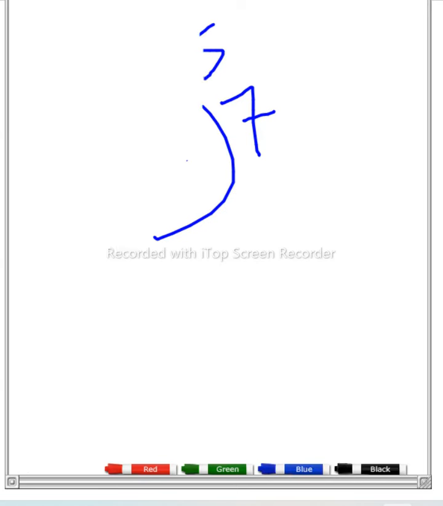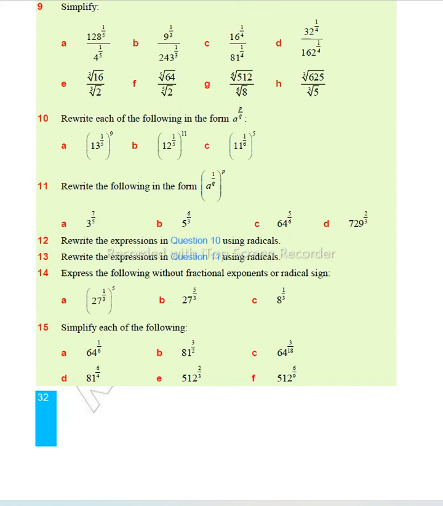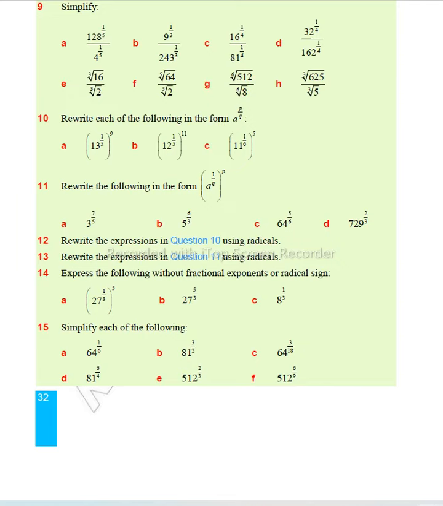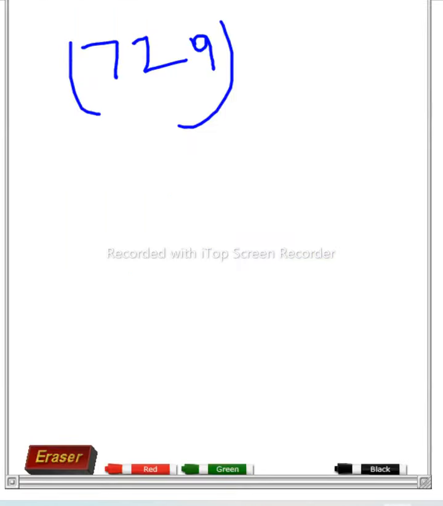Let's do another question from question number 11. 729 to the power of 2 over 3.